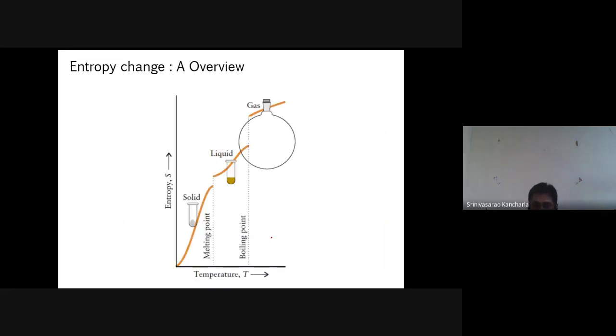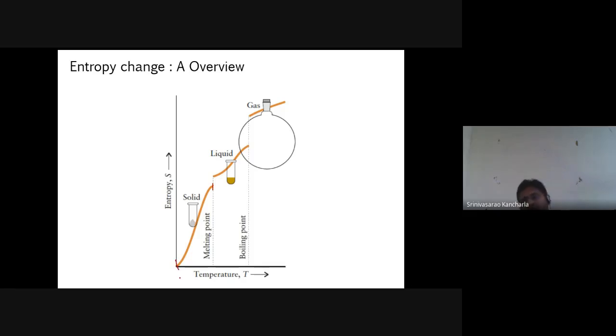When you are increasing the temperature, the entropy will increase, right? Because the disorderness of the system will increase. You have a solid, and you are increasing the temperature until you reach the melting point. How will you measure the entropy change?